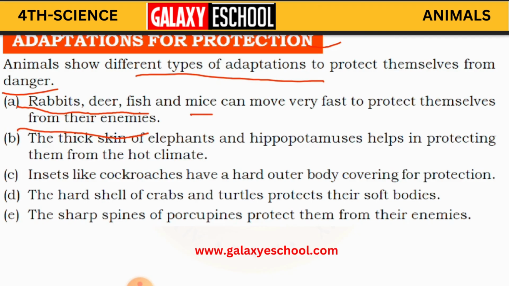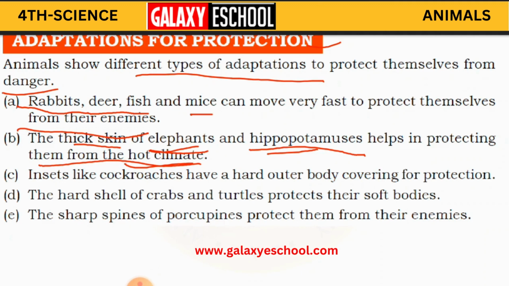The thick skin of elephants and hippopotamus helps in protecting them from the hot climate. Not only from the enemy, children, we have to protect ourselves even from the harsh climate. Suppose if you stand under the sun during summers, we will be affected with sunstroke, which is very dangerous for us.